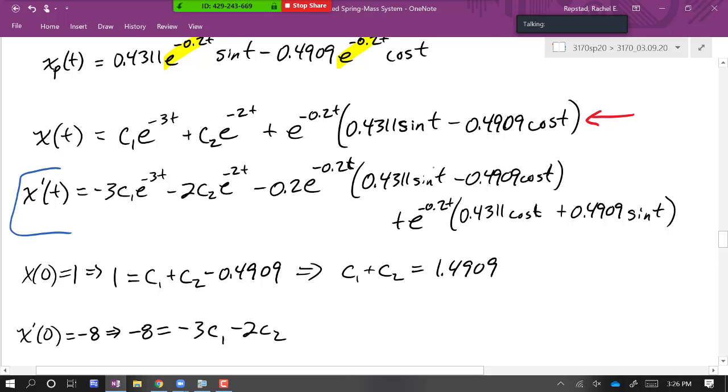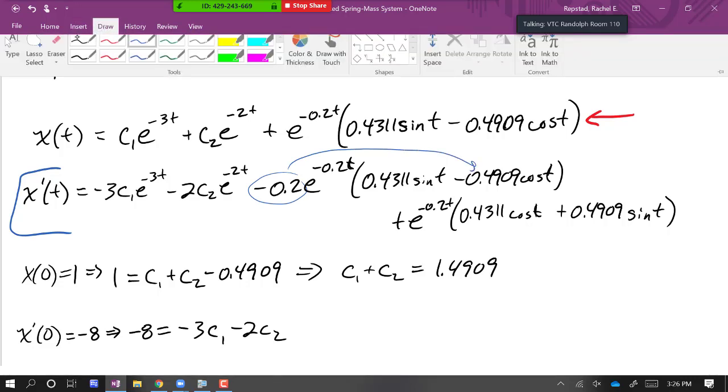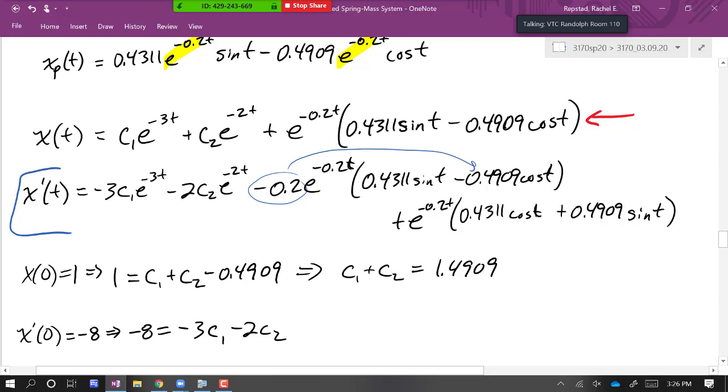And then, let's see, got to be a little careful. We've got to distribute the negative 0.2 to the negative 0.4909 there. So that's 0.09818 plus 0.09818. And then plus the 0.4311.